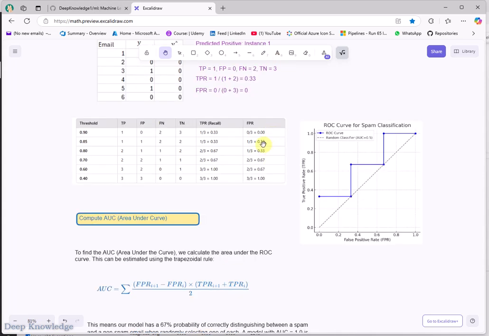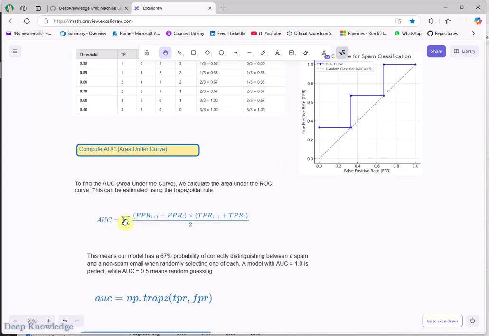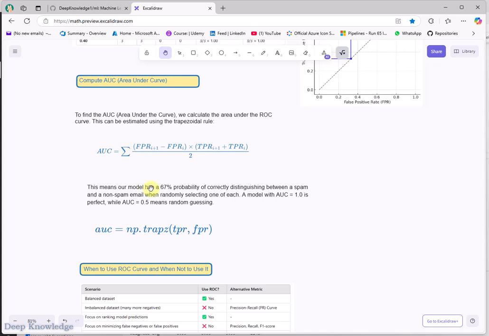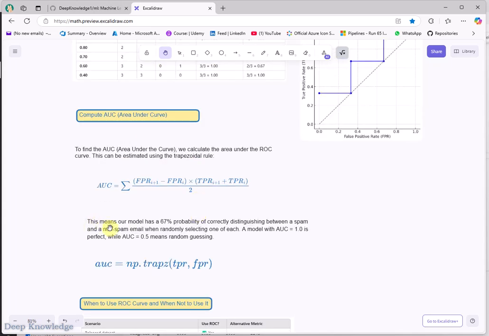So starting from here: this minus this, multiplied by this minus this, divided by 2. Next, this minus this, multiplied by this minus this, divided by 2. And then we calculate the summation. In our example, the area under the curve is 0.67, which is not perfect, but it's just because of this example here.